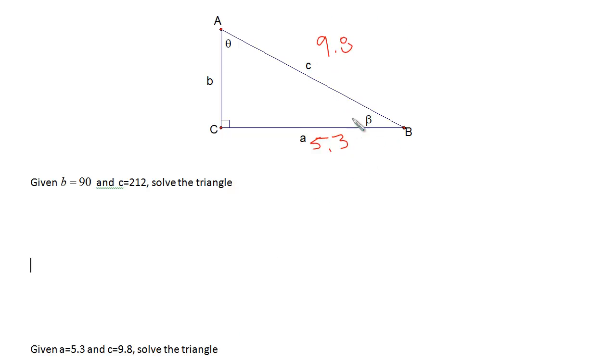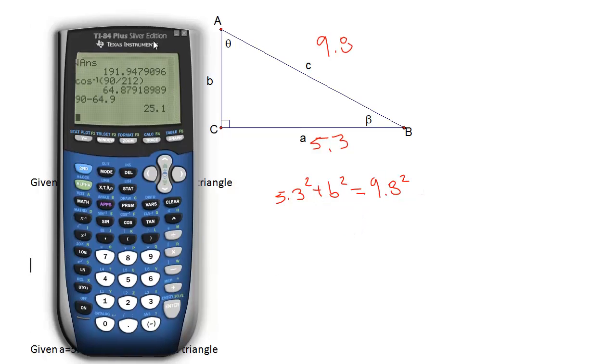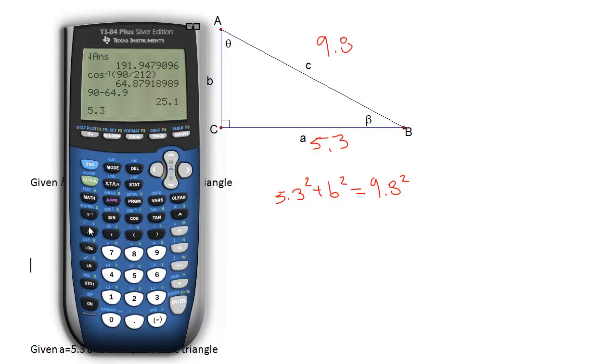So we're going to find all the missing information. So again, I'm going to use the Pythagorean theorem here. So I'm going to say A squared, so that's 5.3 squared plus B squared equals 9.8 squared. 5.3 squared, 9.8 squared, and then I subtract.